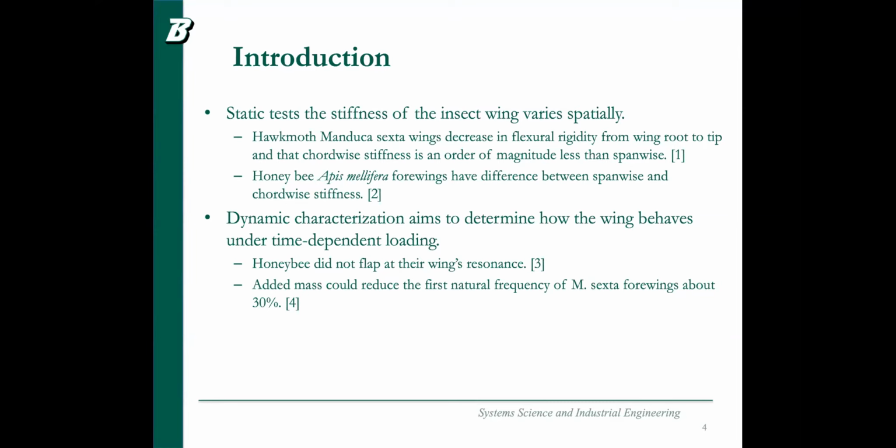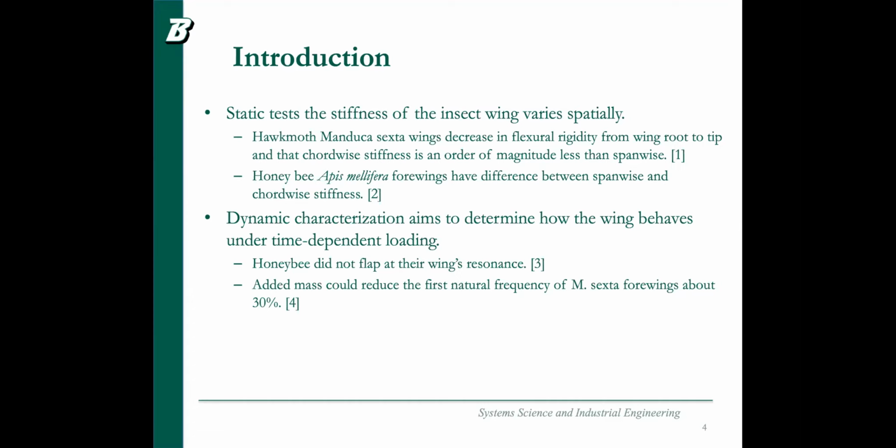And the chord-wise stiffness is an order of magnitude less than the span-wise. And for the honeybee, the forewings have differences between span-wise and chord-wise stiffness, similarly.